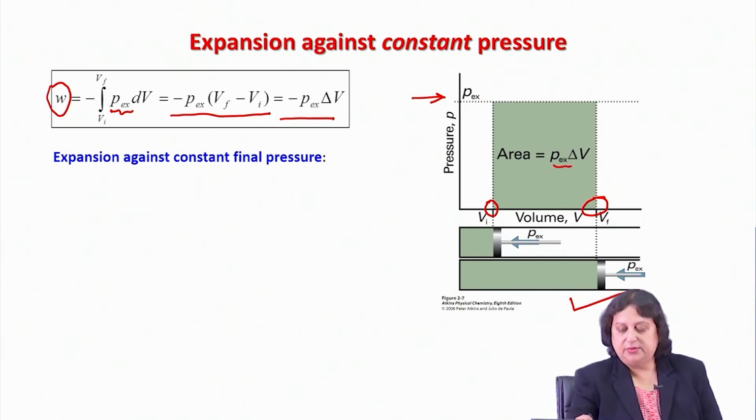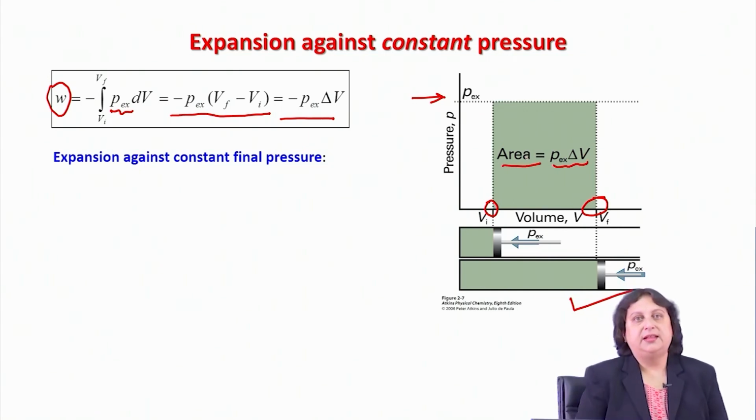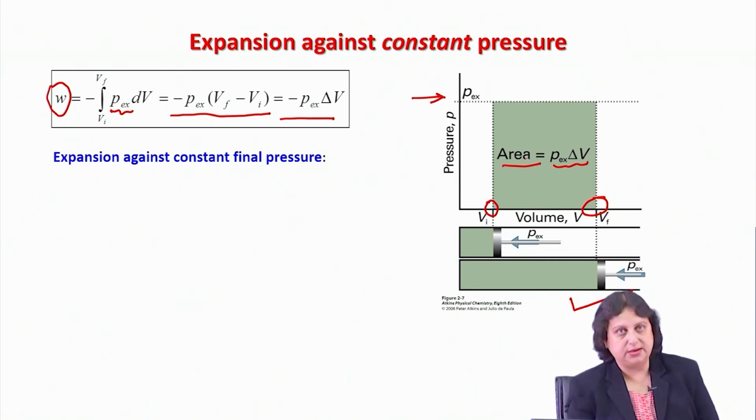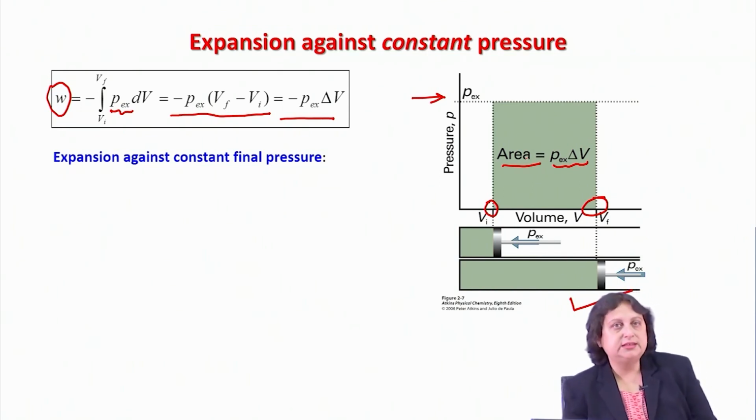P external into delta V corresponds to the area that has been shaded in green here. And therefore, if you know how much the volume has changed and what the constant pressure is, then I can find out the amount of work done here.